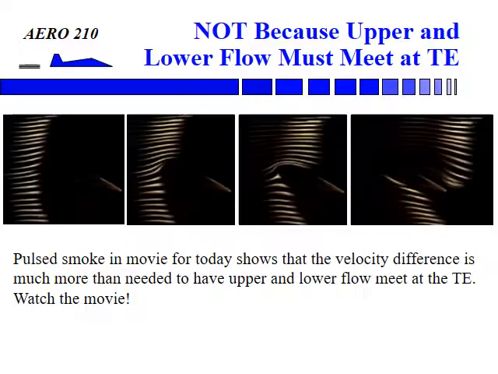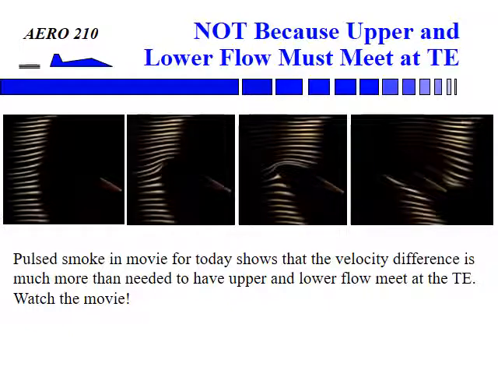You may have been told that the reason the flow goes faster over the top than over the bottom is because it has farther to go to get to the trailing edge, and that those two flows must meet at the trailing edge. There's a great movie for today in the viewing list that proves that this is not true.